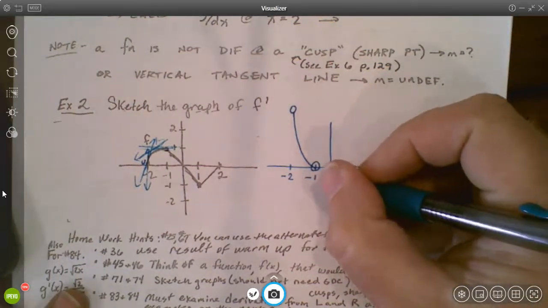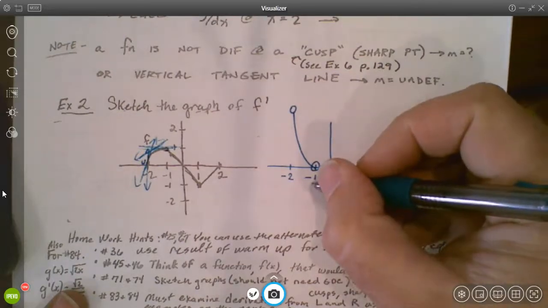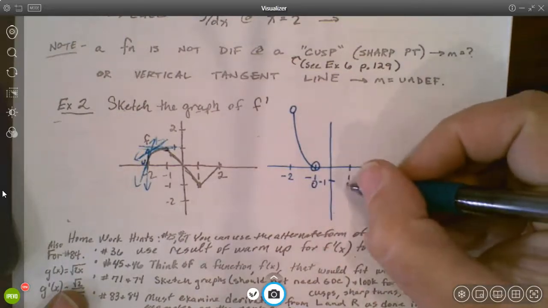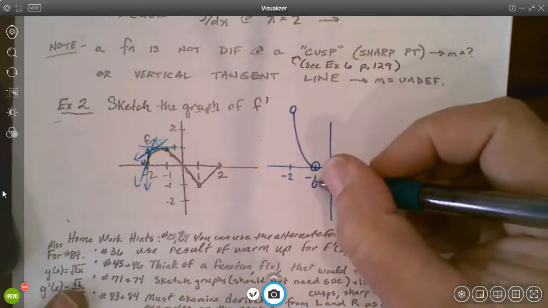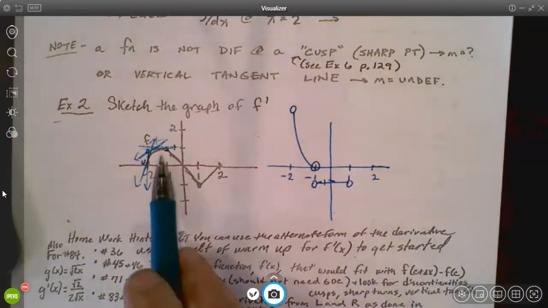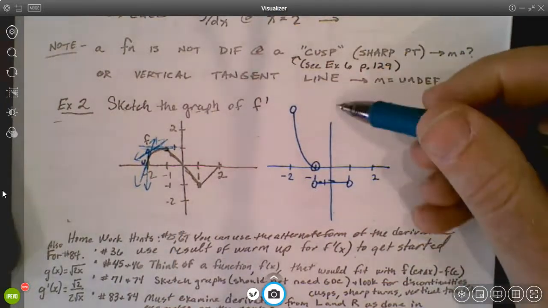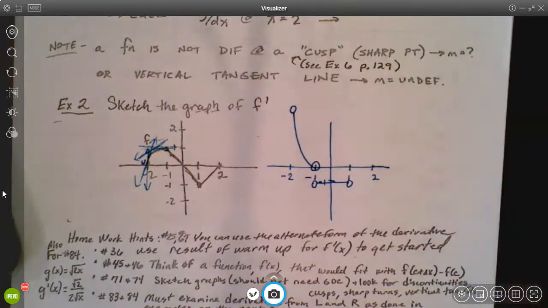So let's put -1 right here. From -1 to +1, my slope is always -1. So we get this horizontal line at -1 because every slope from here to here is -1. And remember, we're treating the y-axis as our values of slope, since this represents the derivative.